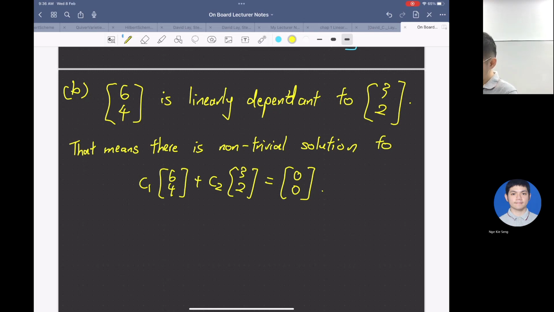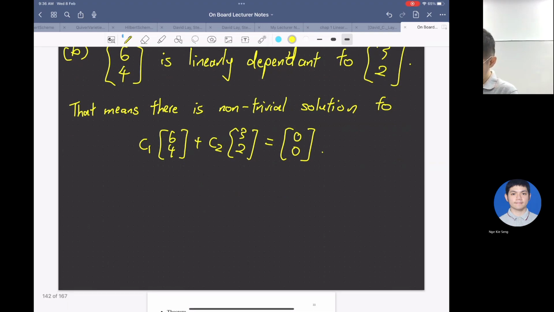So can you guess what C1 and C2 are? You don't need to do row reduction. Can you guess what C1 and C2 are? 1 and negative 2.